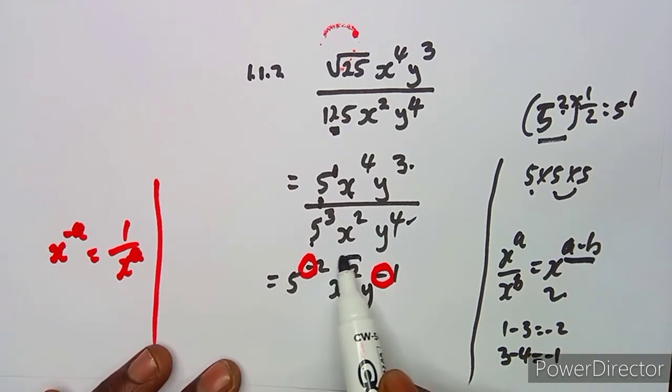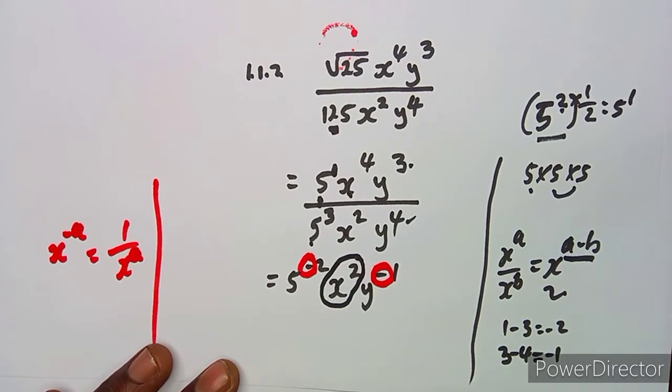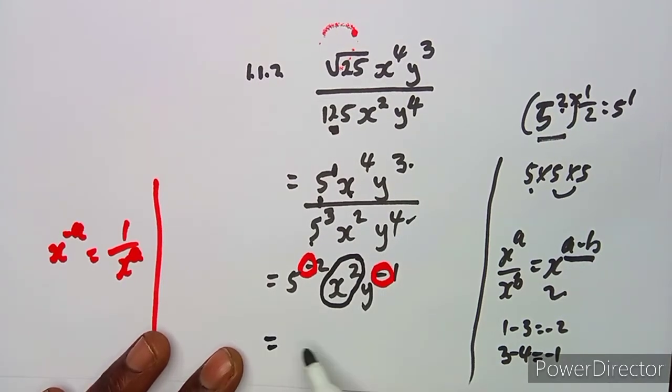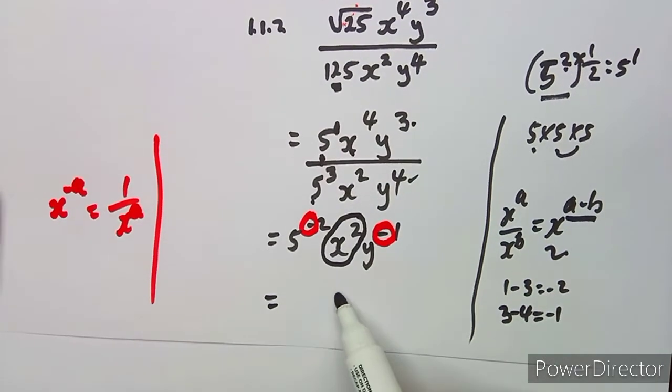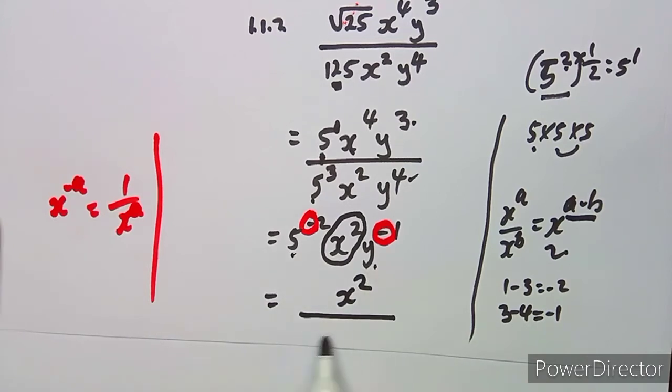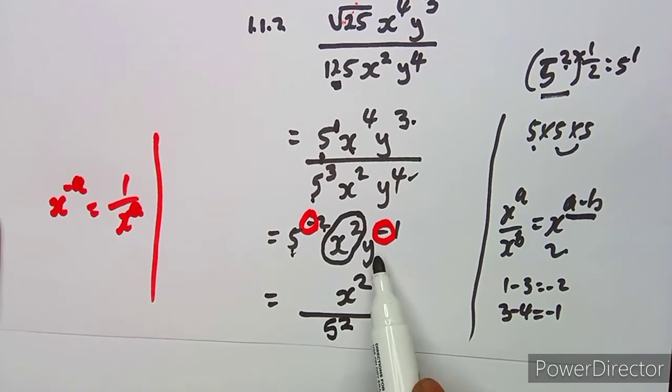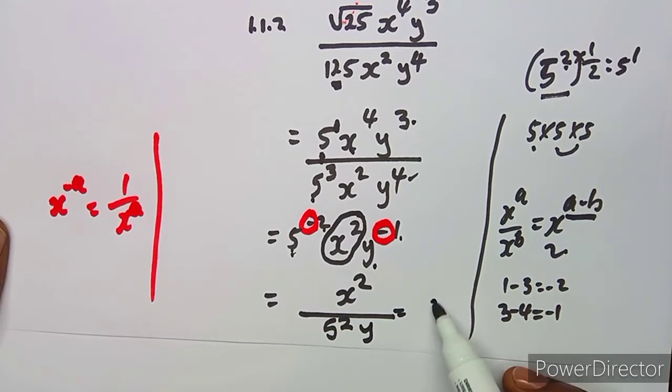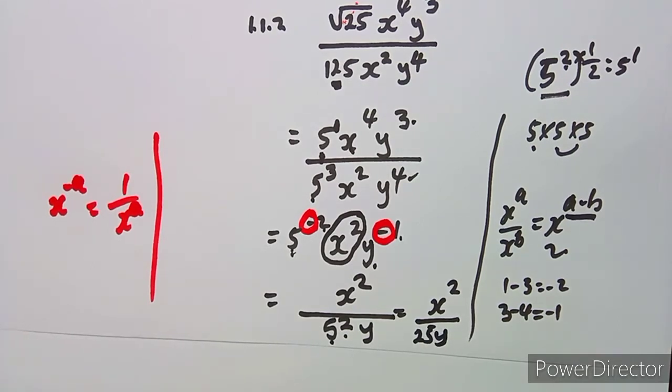But this part here is not affected by any negative exponent, so it is going to remain in the numerator, x squared, over these two, which we now write in the denominator: 5 to the exponent of 2 and y to the exponent of 1, which is just y. So it's going to be x squared over 5 squared, which is 25y. So we are going to have x squared over 25y. That's actually what we're supposed to get.